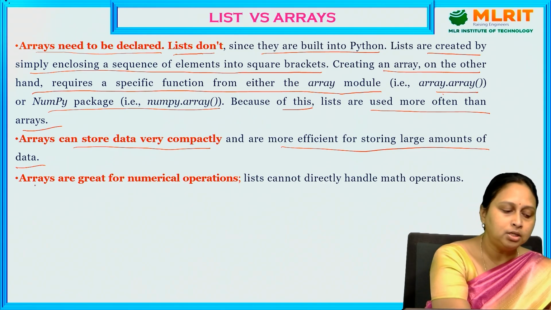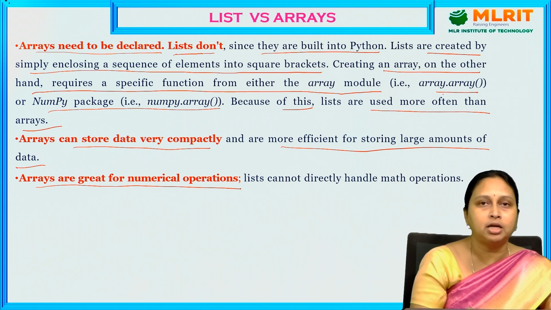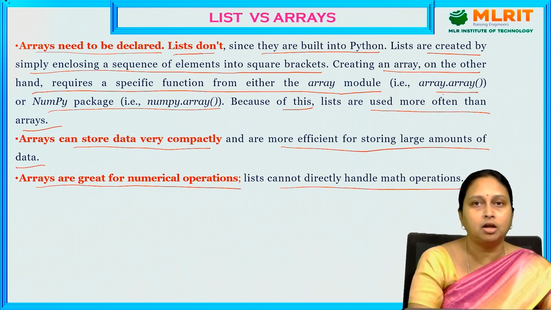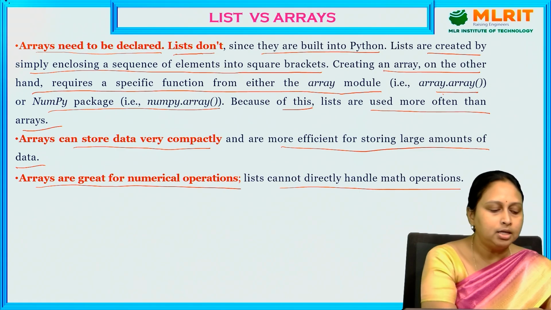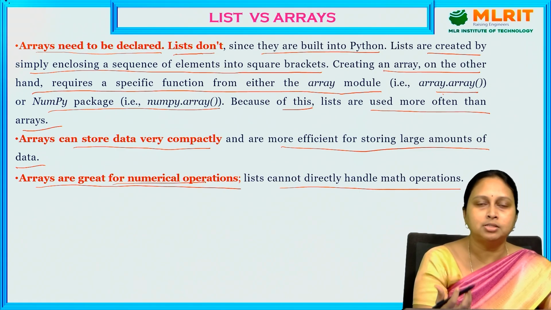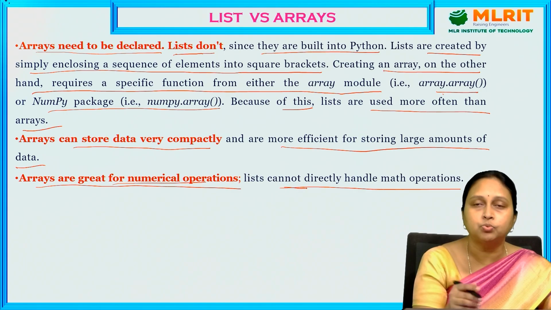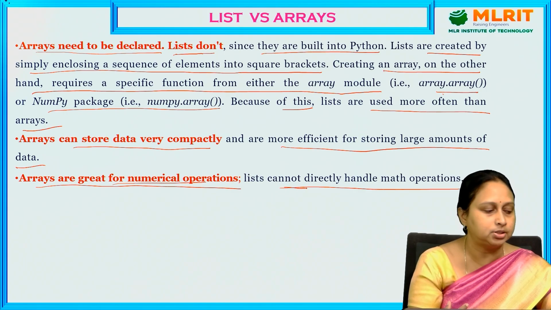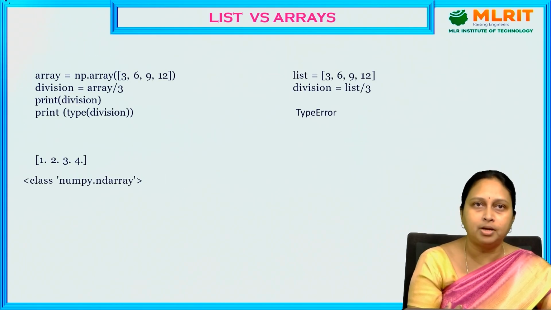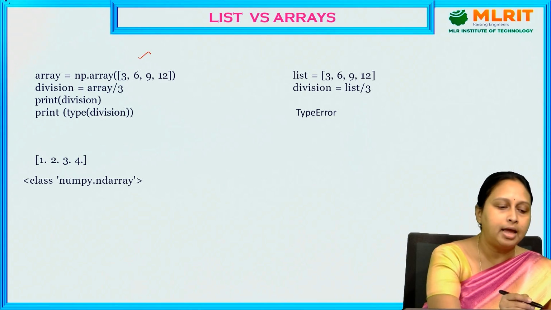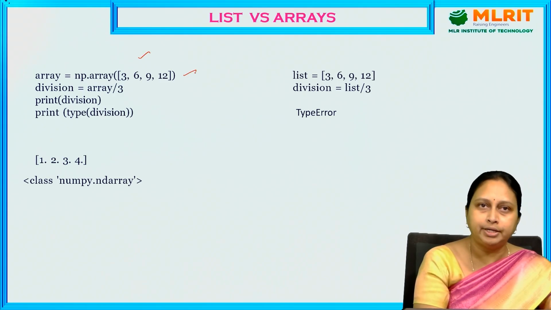And one more thing, arrays are great for numerical operations, but lists cannot directly handle mathematical operations, right? Numerical operations can be performed with arrays, but with a list, we can't do those mathematical operations. Let us see one example here. This is based on an array. I have declared an array of all integer types.